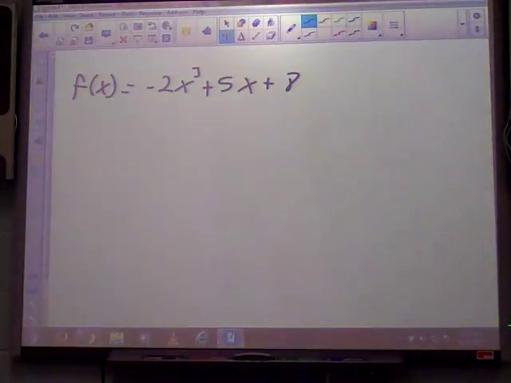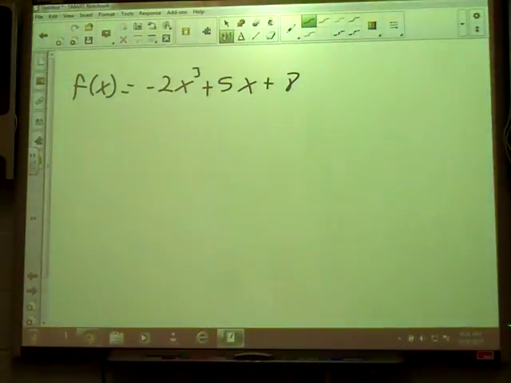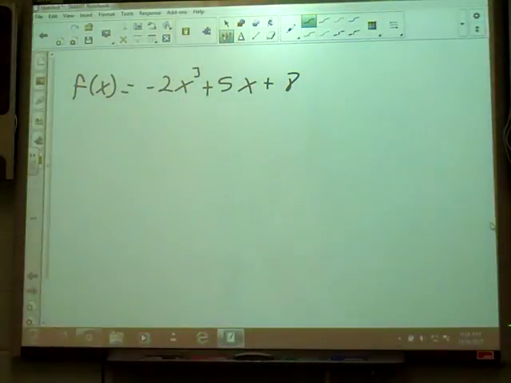Something they had in common is that their exponents were all positive. That's going to be key. Here, the negative 2x is to the third, a positive 3, and the 5x is to the first, a positive 1. Did you have an example in that list that looked like this? Just a normal old polynomial function. So my first answer is yes, it's a polynomial function.